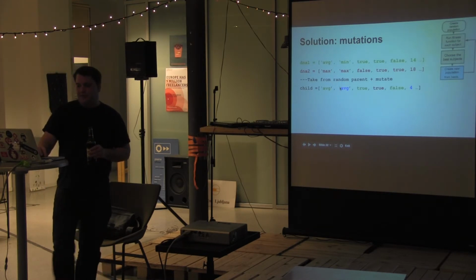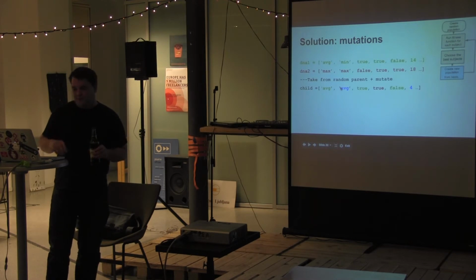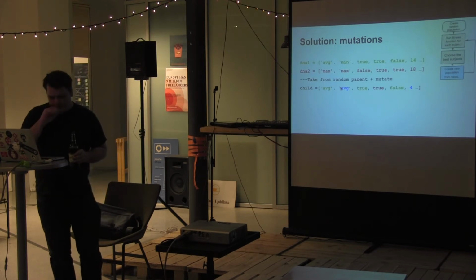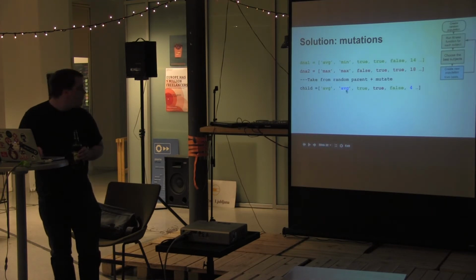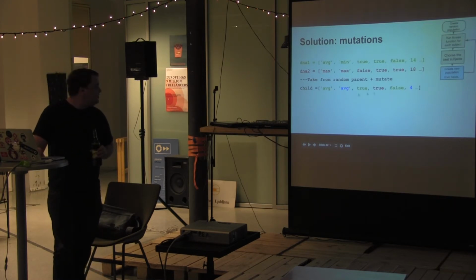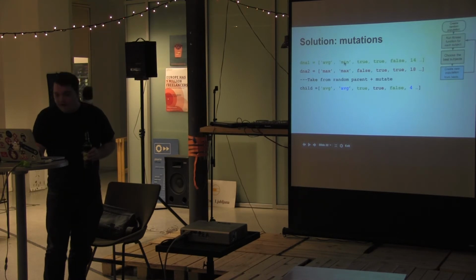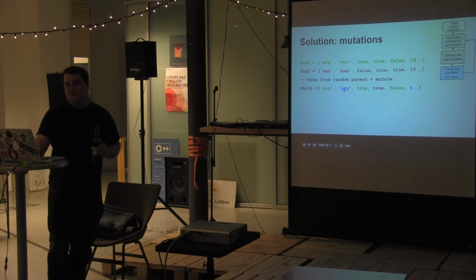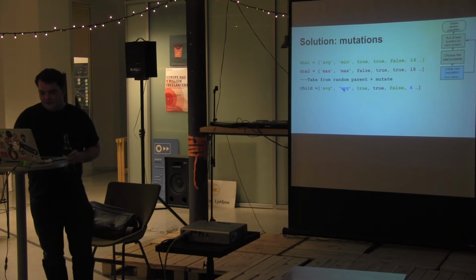Depending on my mutation rate, I choose a random value for a parameter for a gene fraction. These are the blue ones. So the average didn't come from this one or this one. It was random.